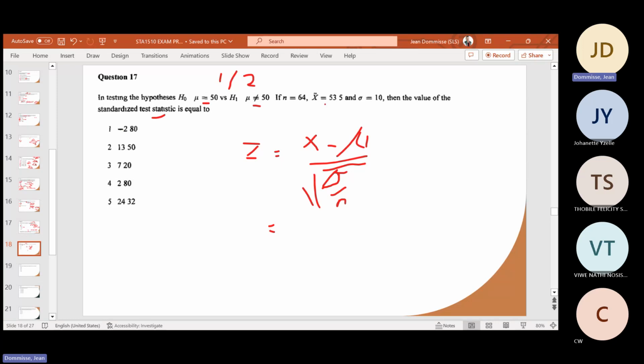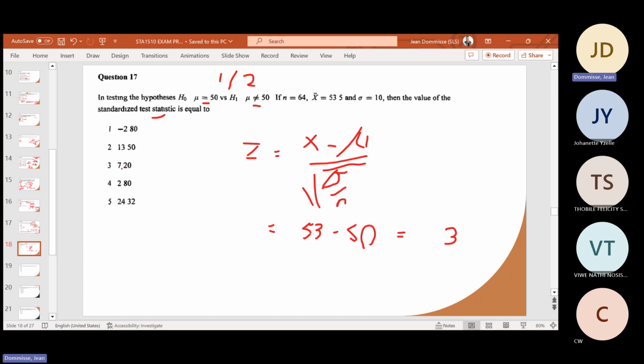So we've got the x as 53. We've got the mean as 50. So at the top, we're going to have 3.